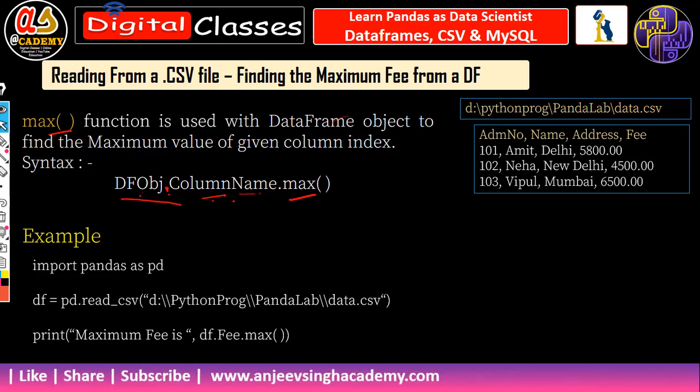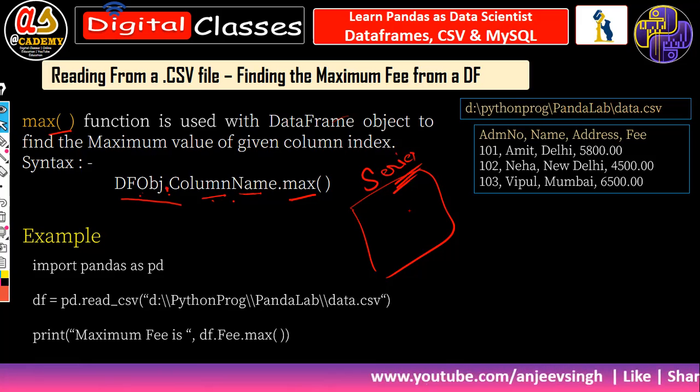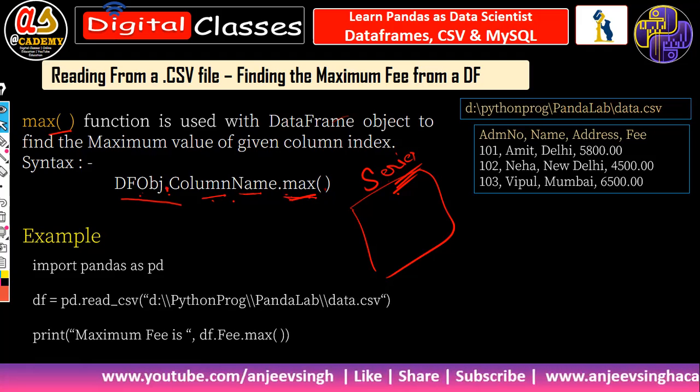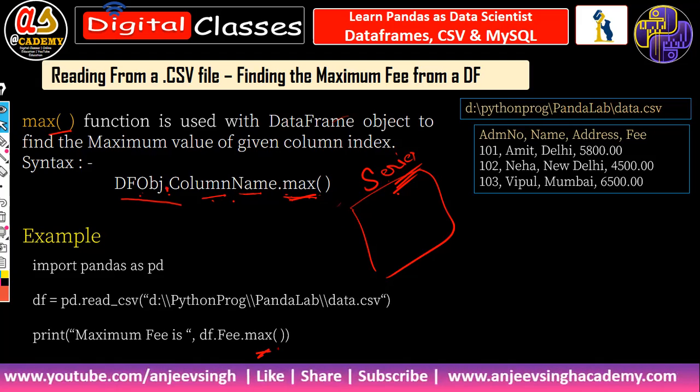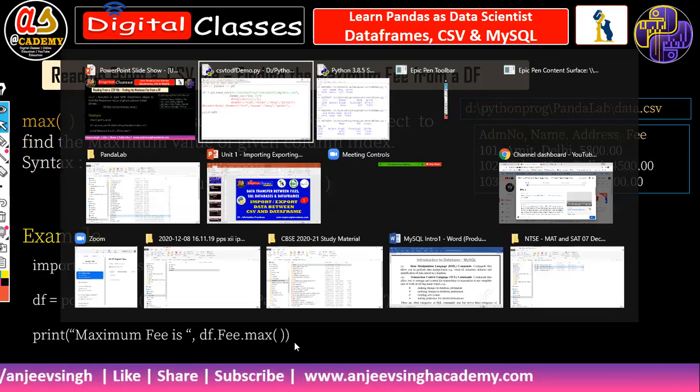Whenever you are accessing a particular column of the data frame, you are getting the output in the form of a series. And from a series, we just call the function, and we get the appropriate data. So look at this, in this way we can print the max, we can print the mean. So this is possible here.